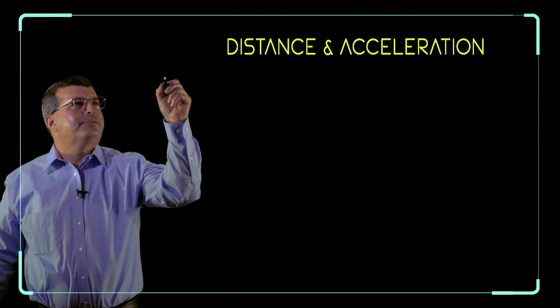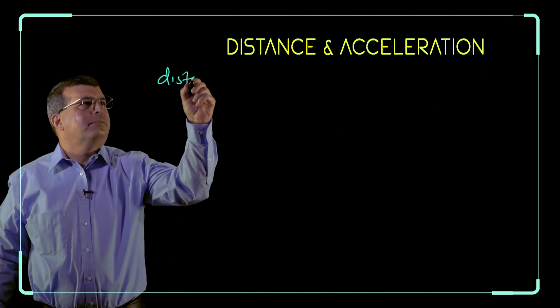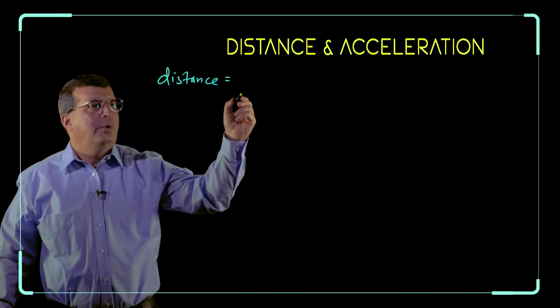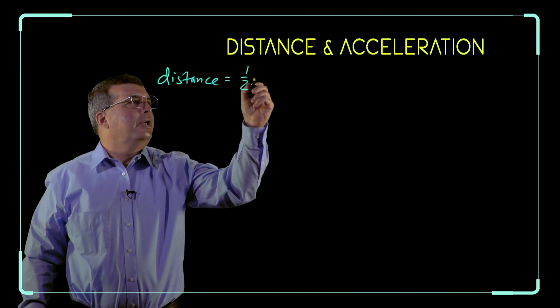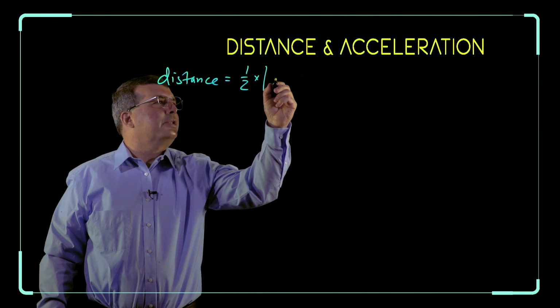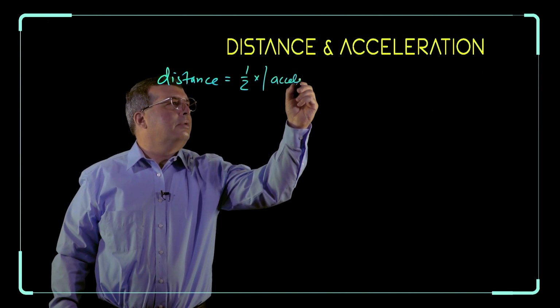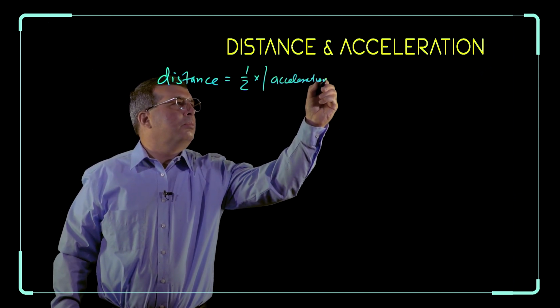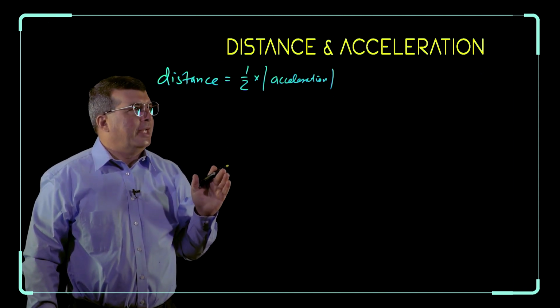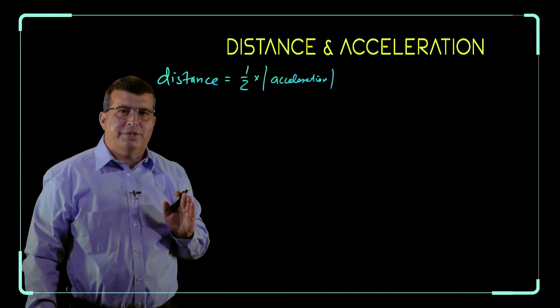Distance equals 1/2 of the absolute value of the acceleration. And what that absolute value means is that it doesn't matter whether acceleration is positive or negative.